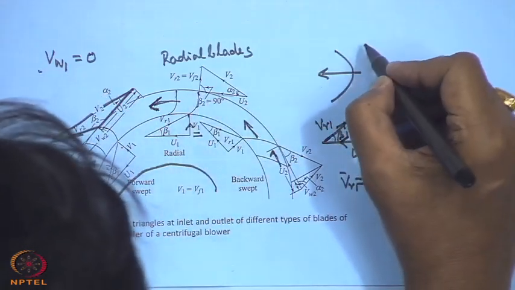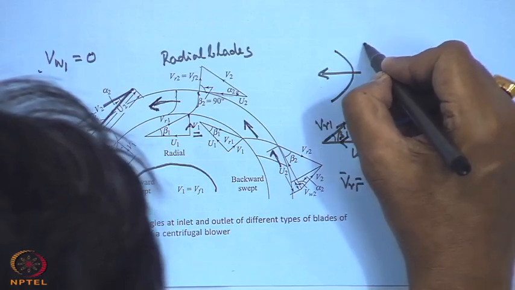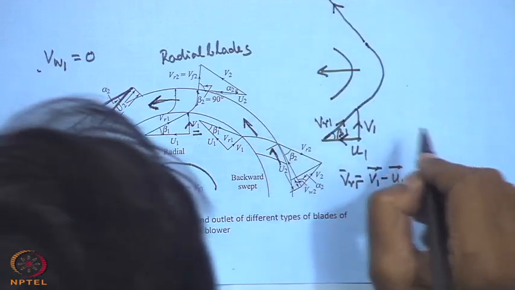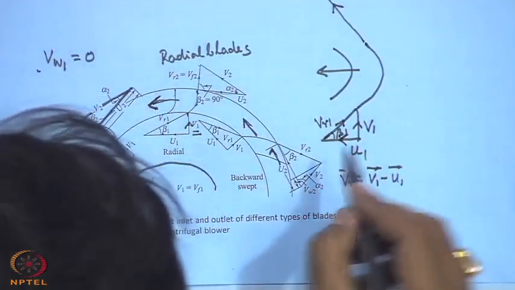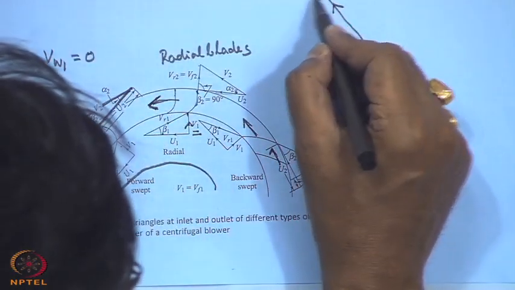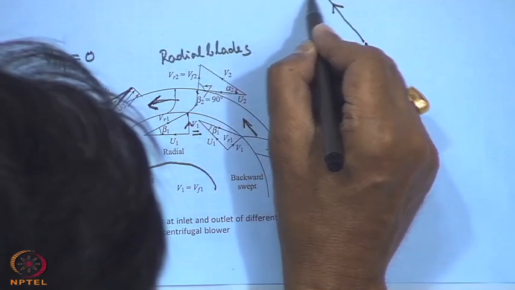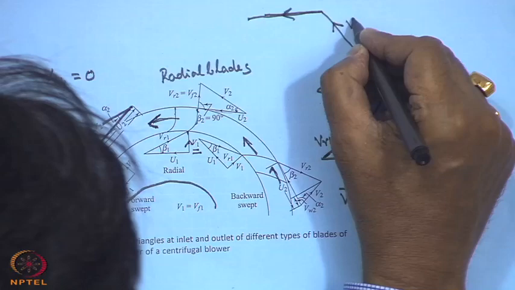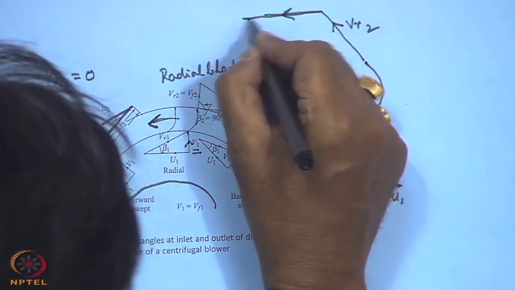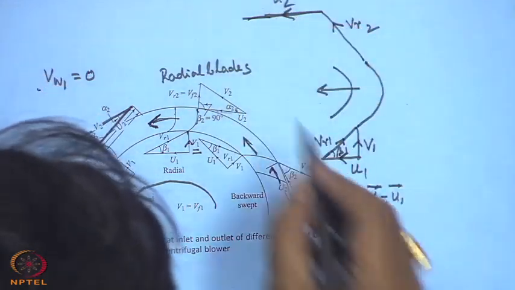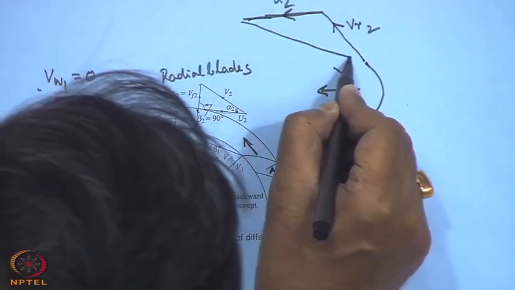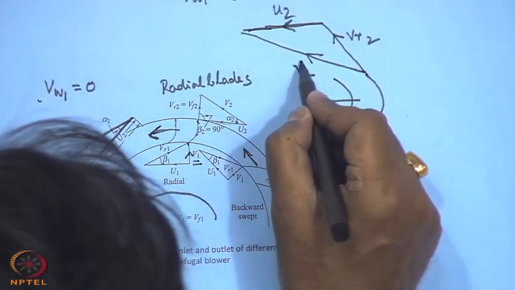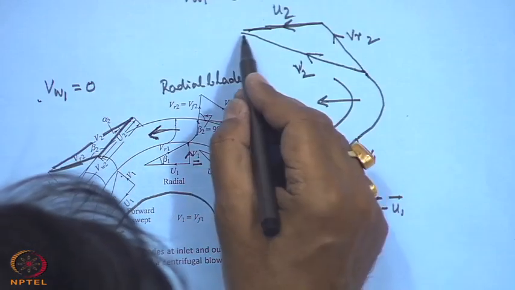Now, at this end what will happen, this will be my relative velocity direction for the radial flow, and the diagram will look like this. So, this will be VR2, this will be U2 which will be higher than U1, and this will be V2. So, this is the simple diagram because the velocity is in this direction. So, it has to be like that.